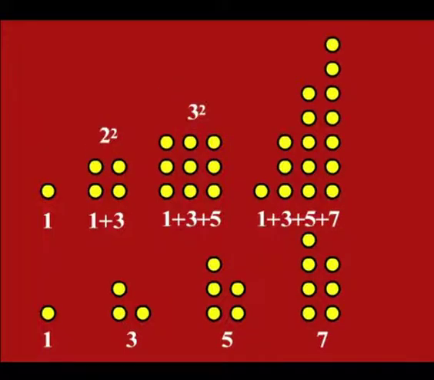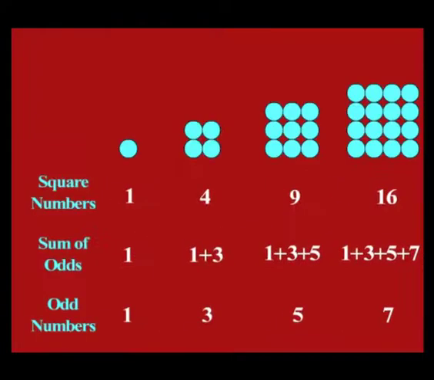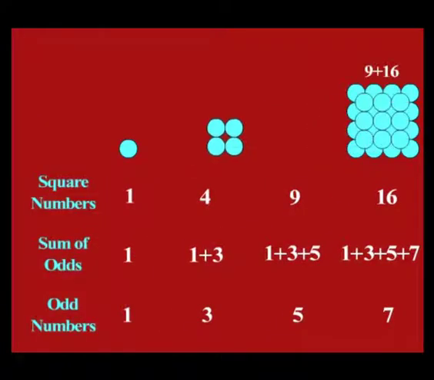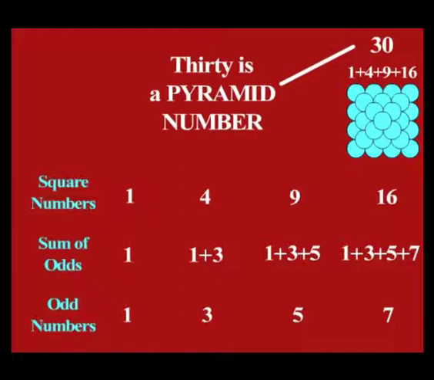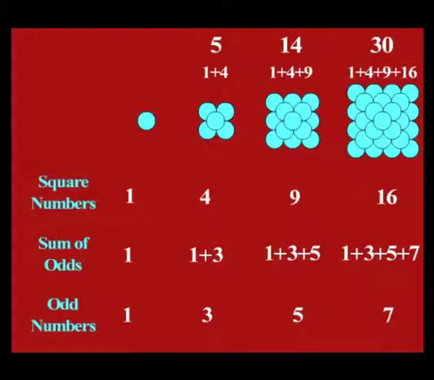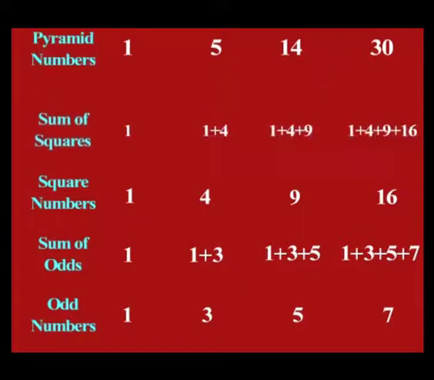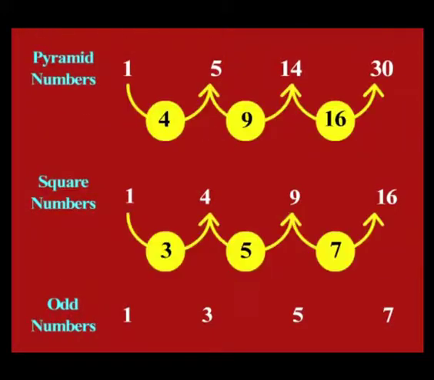Here you can see how the odd numbers are closely related to the square numbers. And the square numbers are closely related to the pyramid numbers. Differences at one level are objects at lower levels.